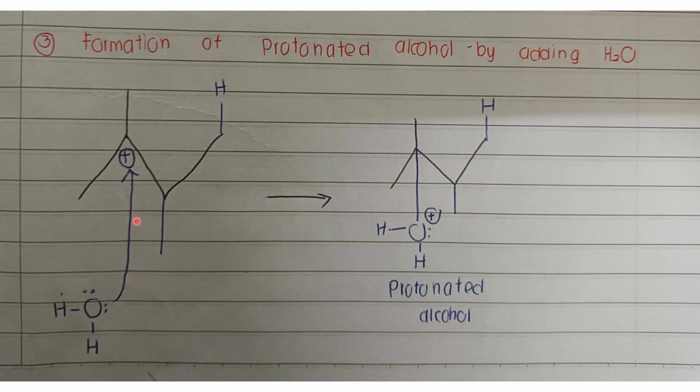And here we will continue to the third one, formation of protonated alcohol by adding H2O, which means that in this step, water will join as the nucleophile. It uses one of its lone pairs. Here we can see there are two lone pairs, but it only uses one lone pair to attach to the positive charge here.